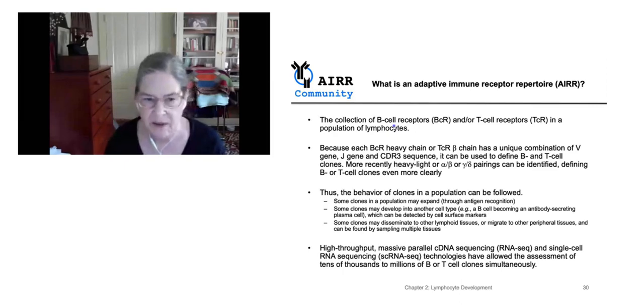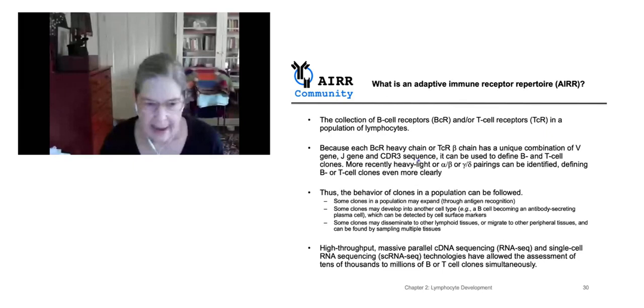And the reason I say that is because you can sort the cells out and crack them open and sequence their rearranged heavy chain and light chain genes, or just the heavy chain genes, or TCR beta or TCR delta or whatever genes, the expressed recombined genes. So those are the functional genes that are encoding these receptors.